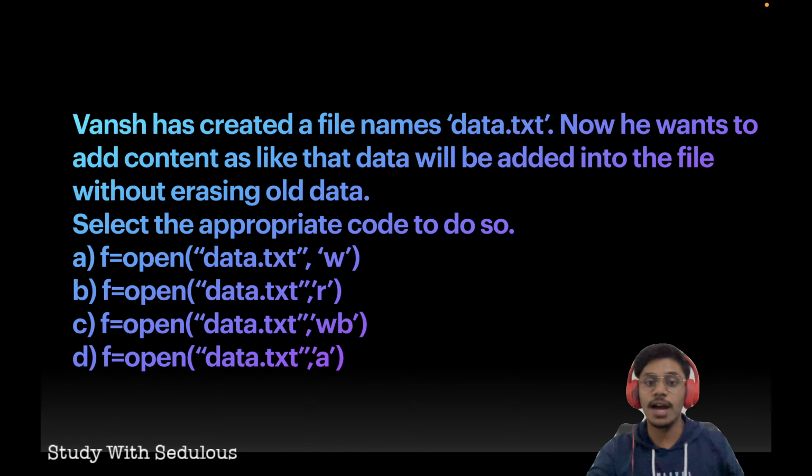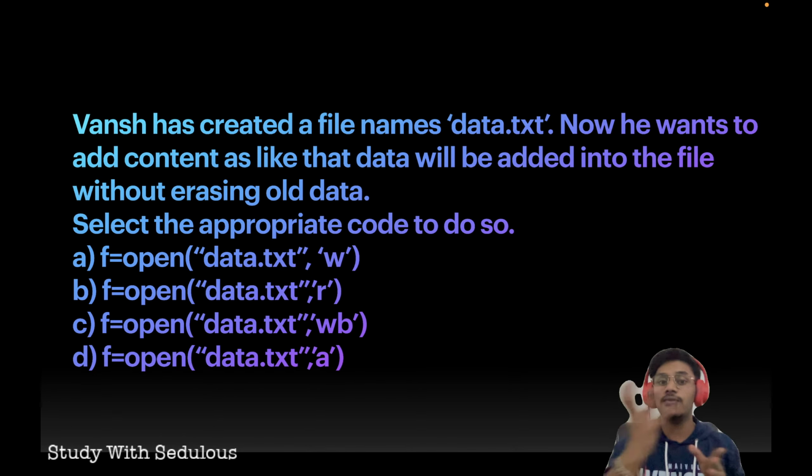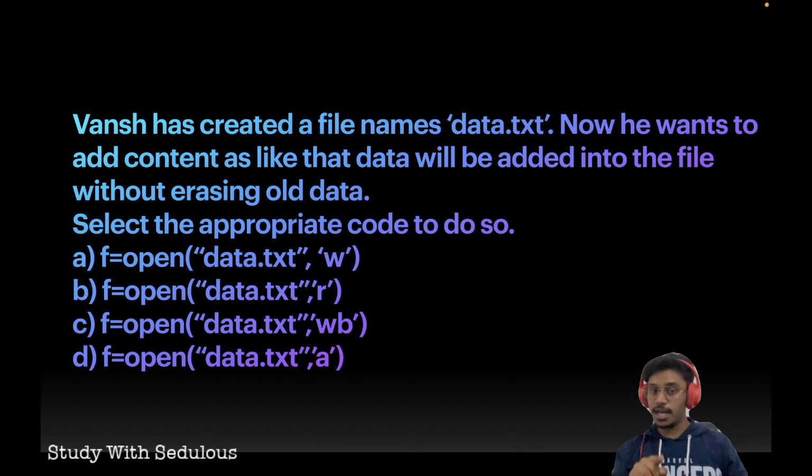The first thing we have to look at is what type of data it is. It is a text file. So a text file doesn't actually need the B. B is only for binary. For a binary file, it will be data.dat. This is .txt. So it can be option A, B and D. C is neglected. Now A, B, D. What is the right answer?